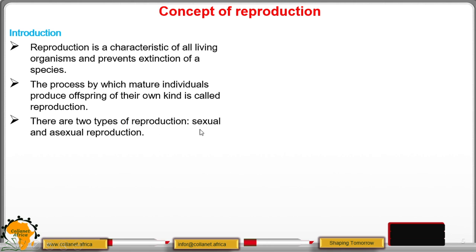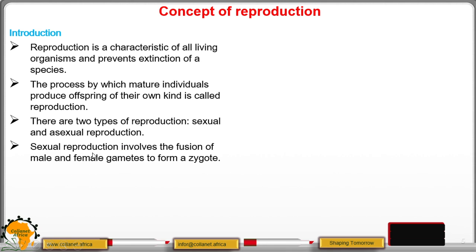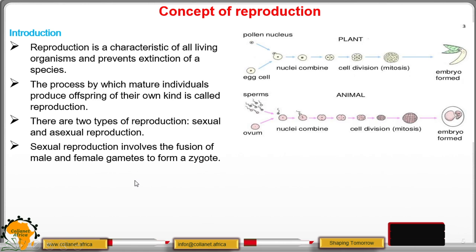We have sexual and asexual reproduction. Sexual reproduction involves the fusion or the union of male and female gametes to form a zygote or a young one. So in plants, you have the male gamete, which is the pollen grains, and then we have the female gamete, which is the egg.